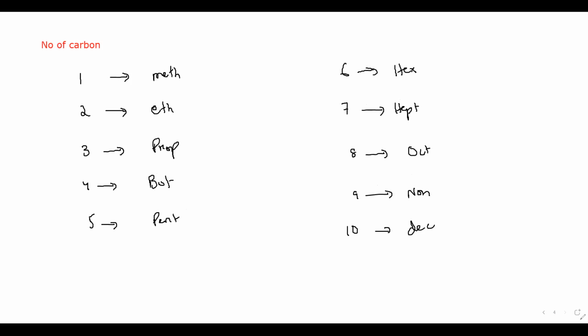So for alkanes, the general formula is CnH2n+2, where n stands for the number of carbons. So if I ask what is the formula for butane?